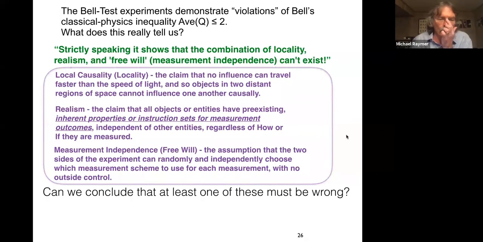Well, can we conclude that one of these must be wrong? At least one? Yes. The experiments have now proven that at least one or more of these is simply false. Now, there's no way to know at this point which one of these is false. And very smart people would pick different ones of these three to claim is false.